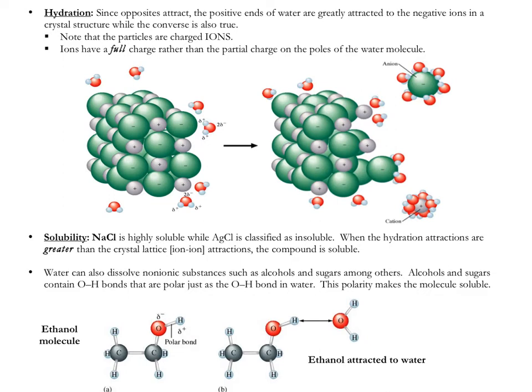In this picture, it's just two-dimensional, but this chloride, this anion, has 6 water molecules around it. This cation has 6 water molecules around it. So there's a lot of new attractions that are made. Once again, I want to re-emphasize it's important to know the negative and the positive and which part of the water is negative.